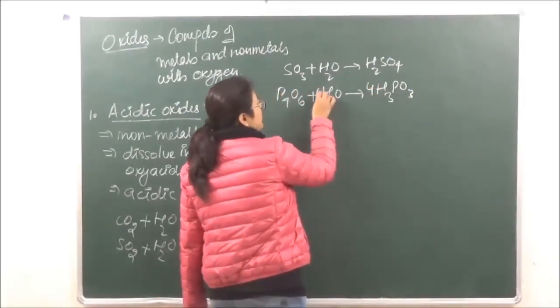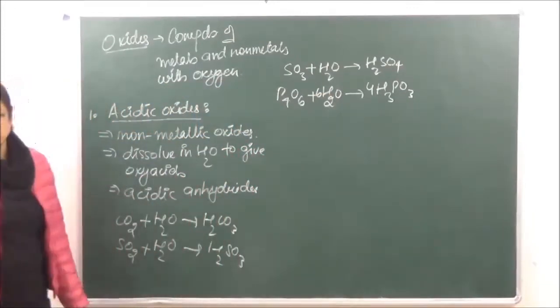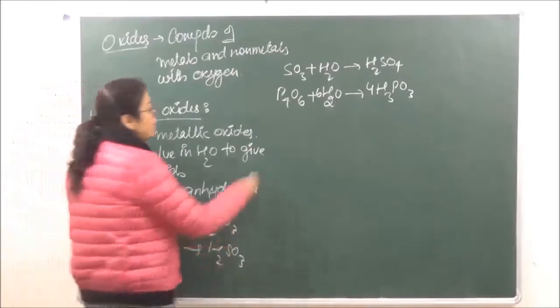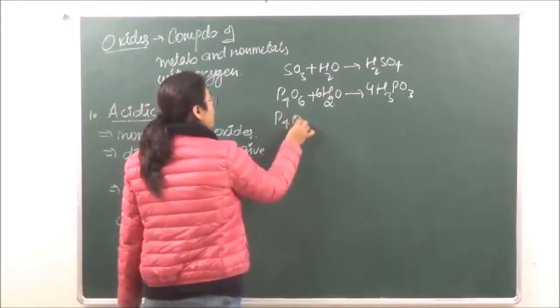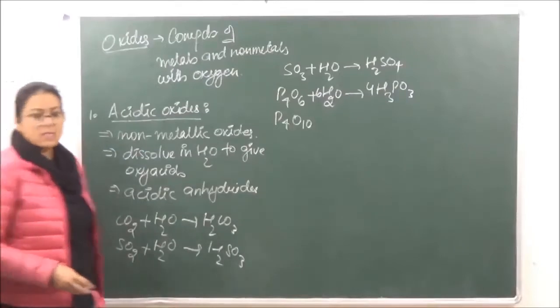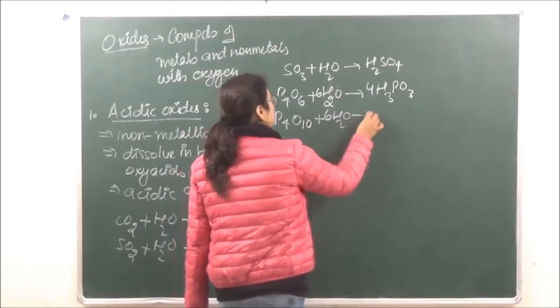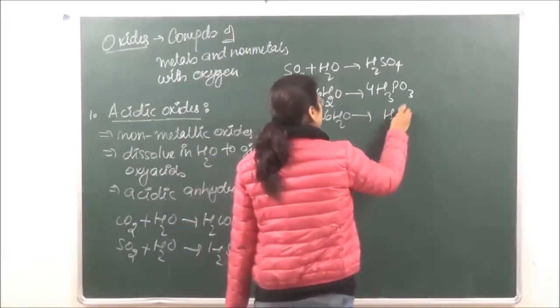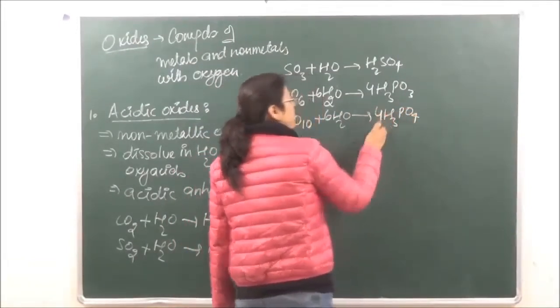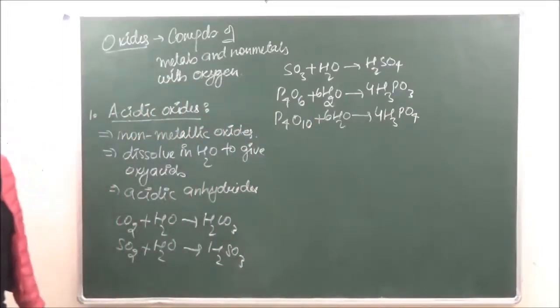So यहाँ पे ये आ जाएगा. This is how you can balance the equation. ठीक है? उसी तरह से अगर हम लोग पेंटॉक्साइड ले रहे हैं, P4O10, okay, this is going to give us phosphoric acid. This is the phosphoric acid, right? So all these, they are acidic oxides.